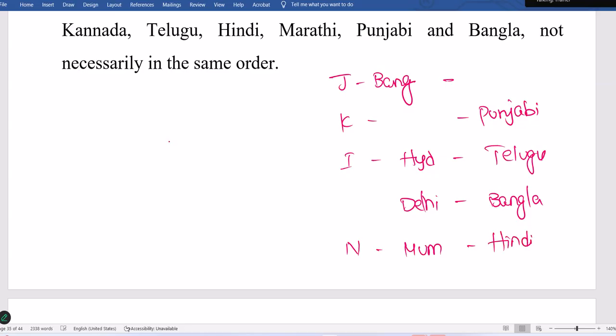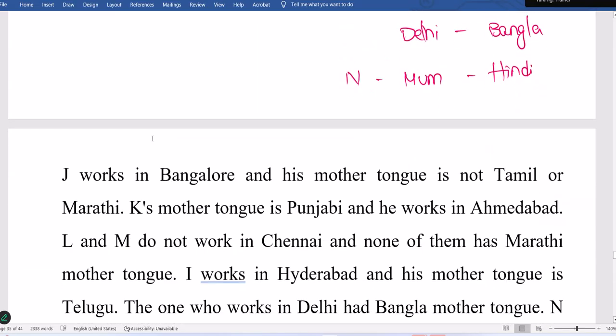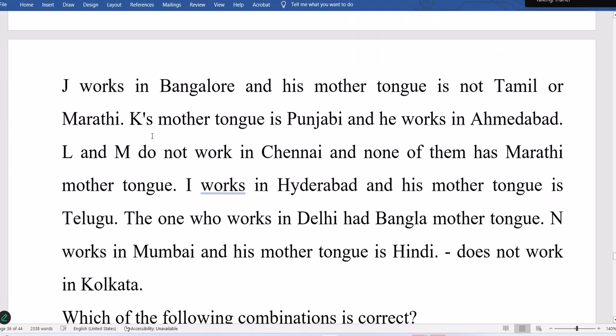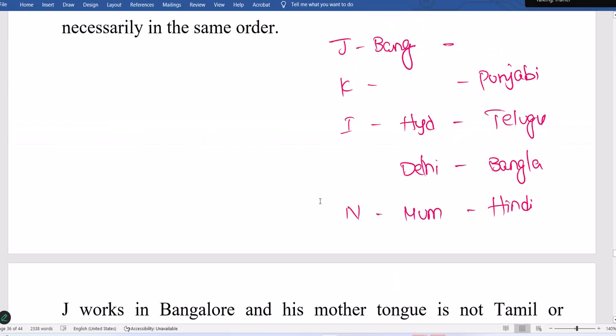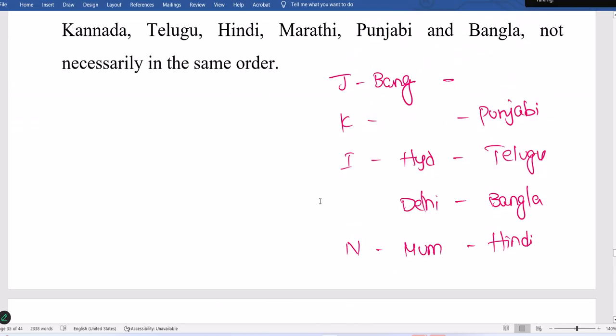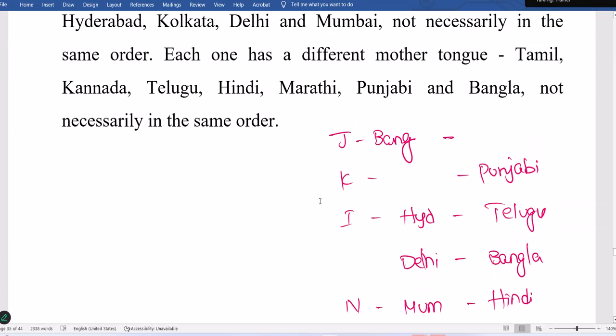Now, for 5 people, one or other information is given. Next, there is some data: dash does not work in Kolkata. Something is missing here. Okay, L and M did not work in Chennai. So there are two cities left over, Chennai and Ahmedabad.